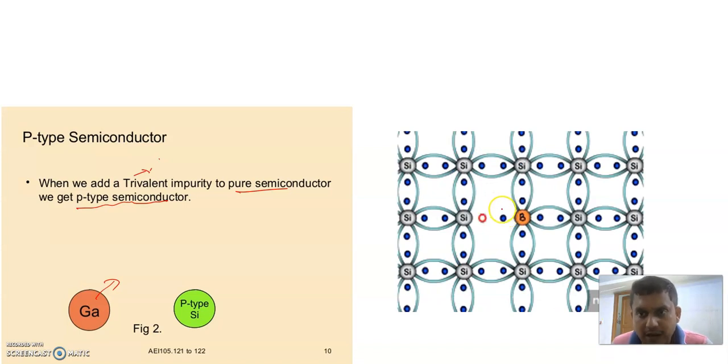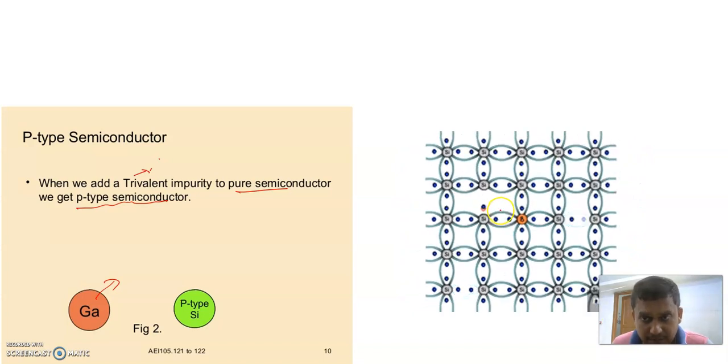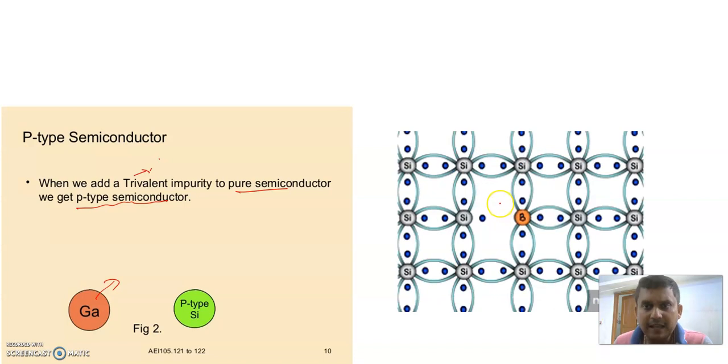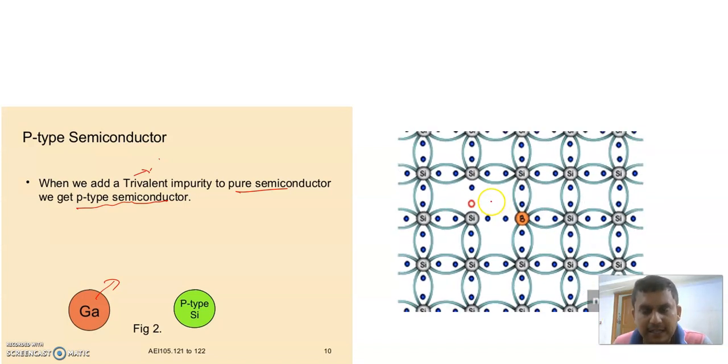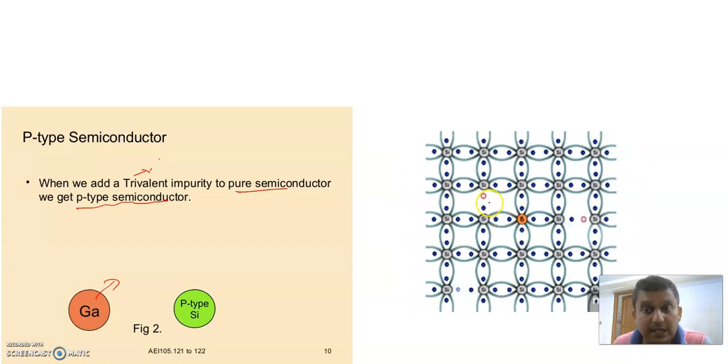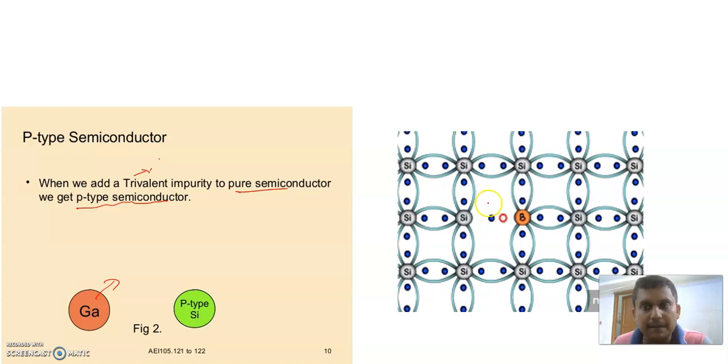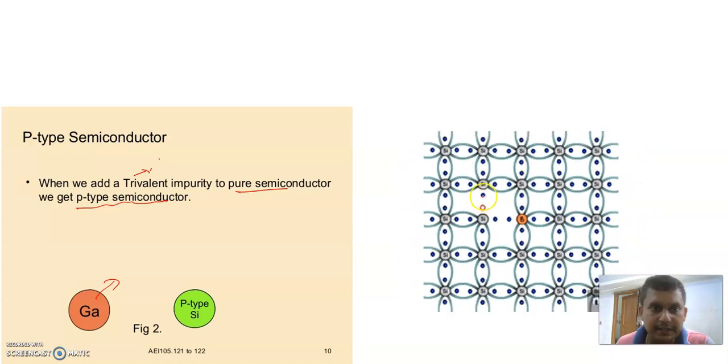To complete the covalent bond, it requires 1 electron, so it accepts 1 electron. That's why its name is acceptor. Pentavalent impurities are donors and trivalent impurities are acceptors. By accepting 1 electron it becomes negative, but the whole p-type semiconductor is neutral in nature.